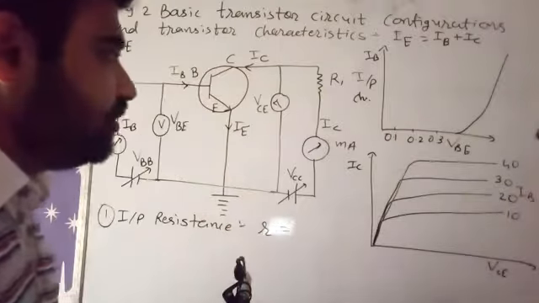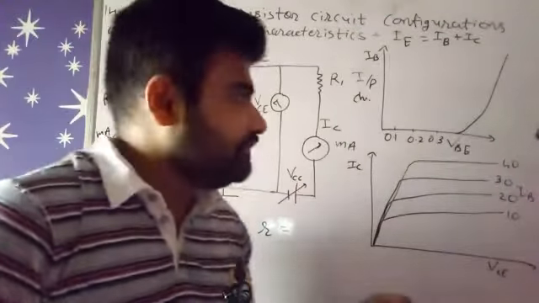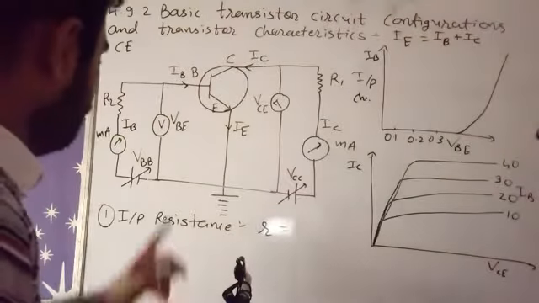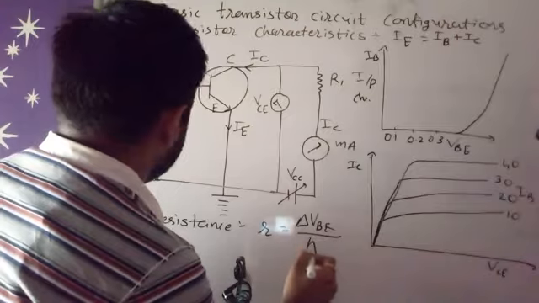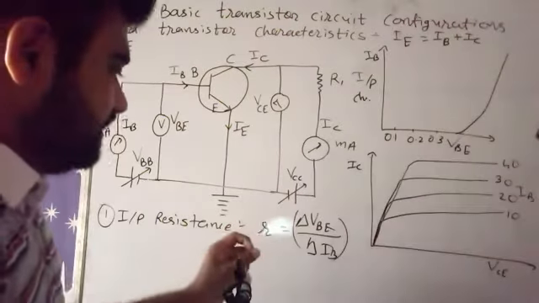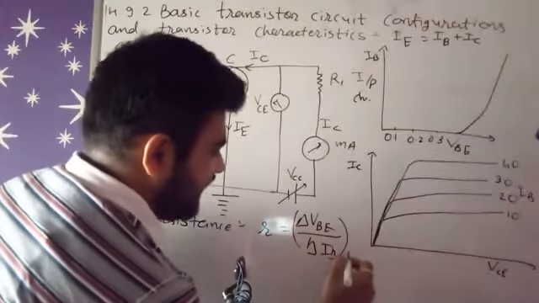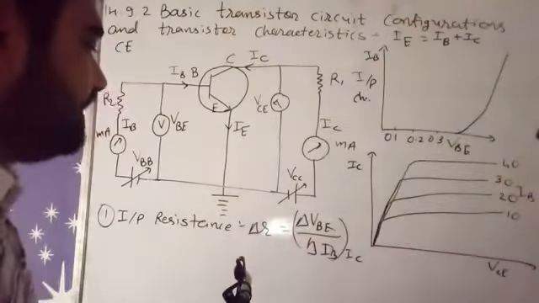We have to take a small portion of the input characteristic, because for a smaller portion we can take it as a straight line. So R is equal to delta VBE upon delta IB, keeping IC constant. That is the input resistance.